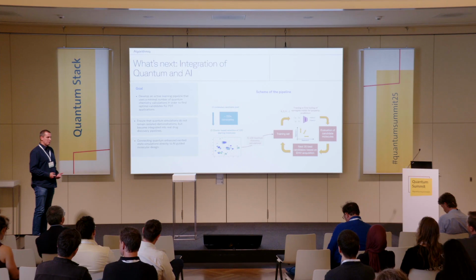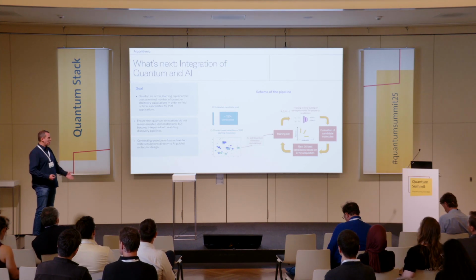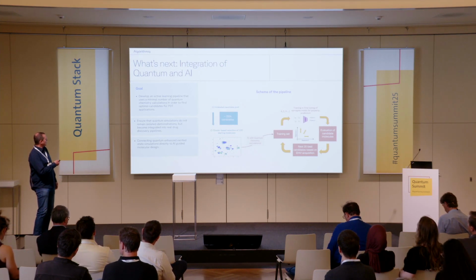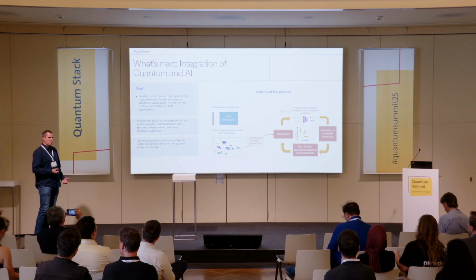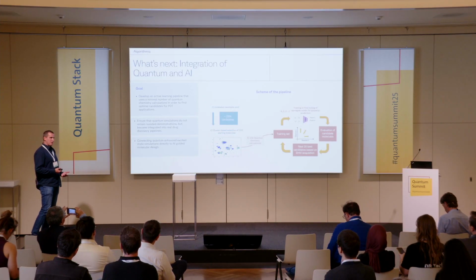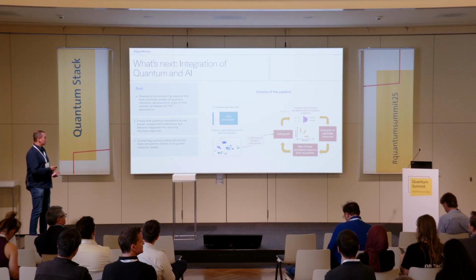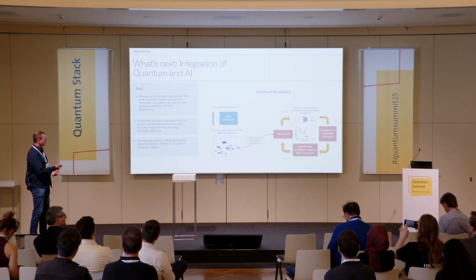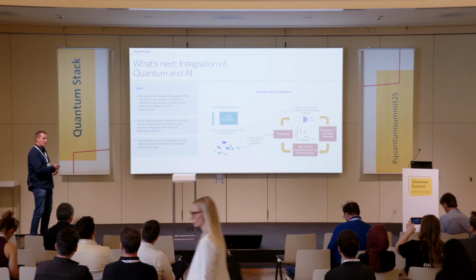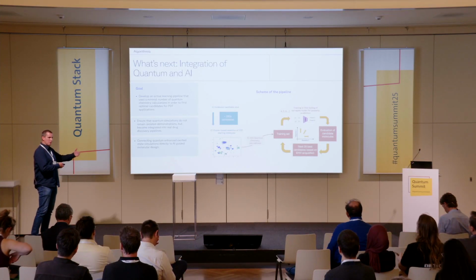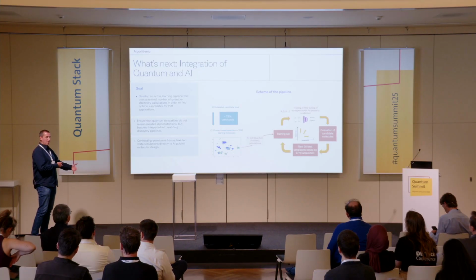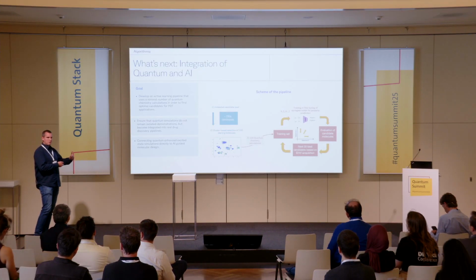And the question is, what can we do with it? At a conference like this, obviously, the next step is we want to integrate our quantum pipeline with an AI pipeline, a machine learning-based approach. Because right now, if we think about a machine learning model that allows us to look at various photosensitizers in a very quick way, we have to provide some input data in order for the machine learning model to predict a property of a photosensitizer it may not have seen yet.